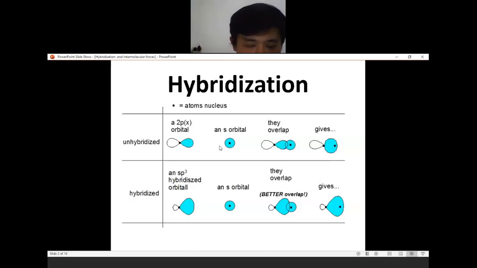In order to make the perfect one, these atoms must undergo hybridization. Hybridization is when an atom is excited, ready to receive other electrons from a different atom. This one is in an sp3 hybridized orbital, and this is in an s orbital. So this is a better overlap, and then finally it gives this one. So this overlapping is being distorted.